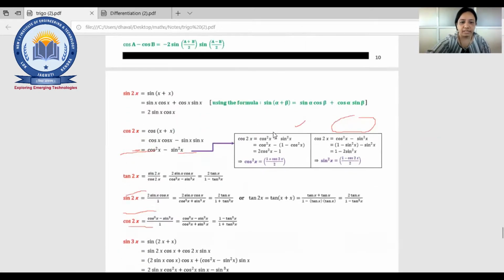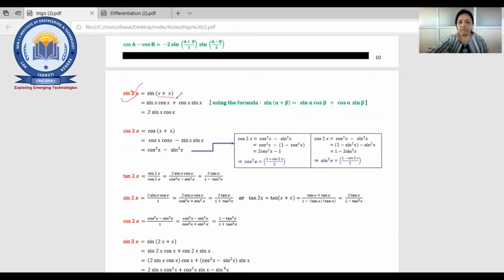So after that, some basic equations are there, and which one will that be? Right? Sine 2x. Sine 2x equals sine of x plus x. That means this 2x can be written as x plus x. Now we know the equation, right?